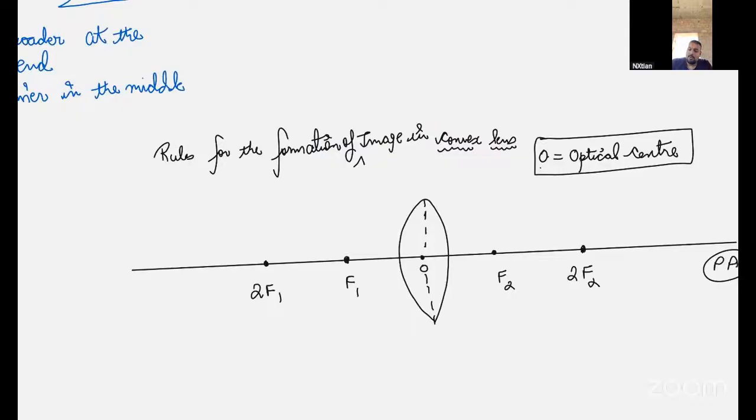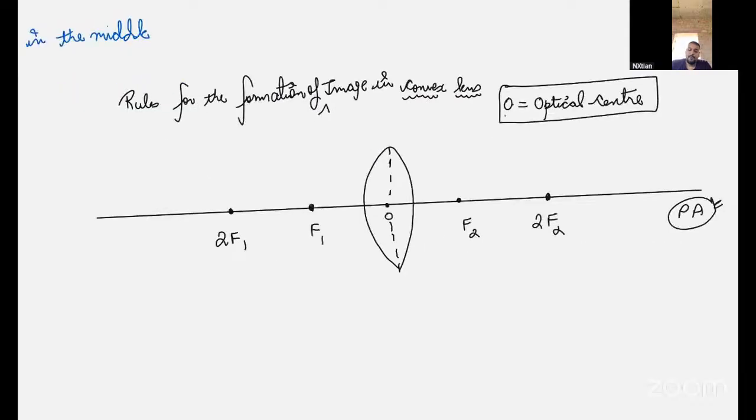Okay. So now listen. The first rule is the same thing. If a line is parallel to the principal axis, then it will go through the focus. Now, which focus will it go to? It will go to this F2. Now, listen, guys, this is an important point. For example, this is a line which is parallel to the principal axis.